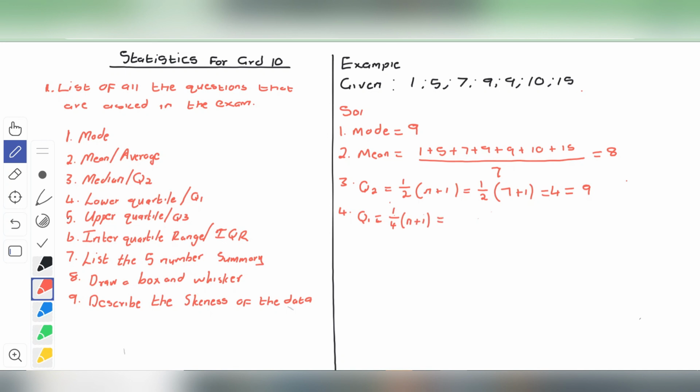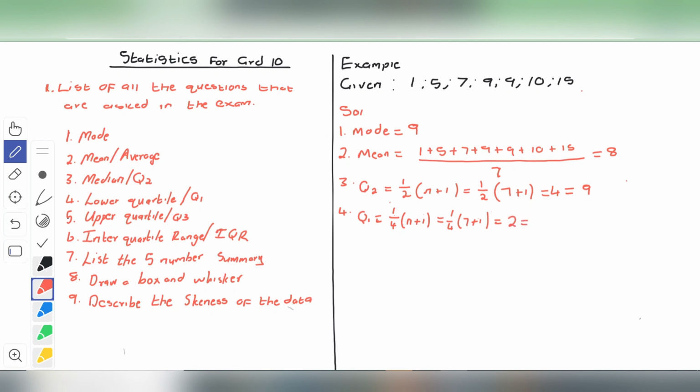Like I said, we now know what n is. N is the total number of the data set, right? So we're going to have 1 over 4 into 7 plus 1, which is equal to 2.